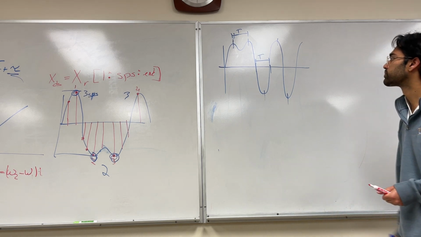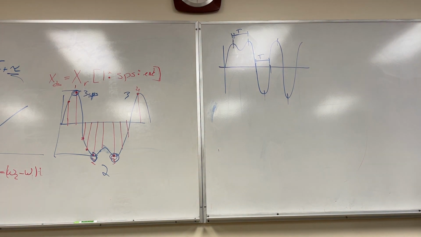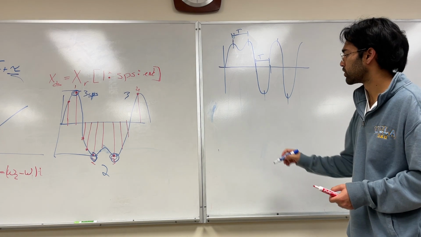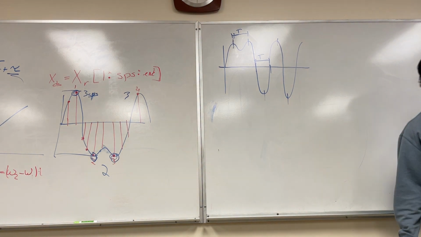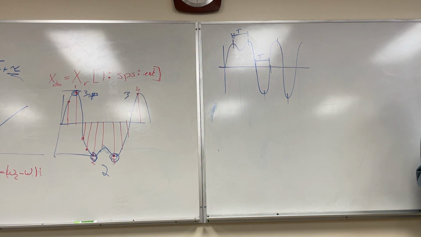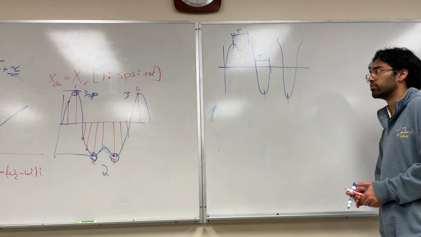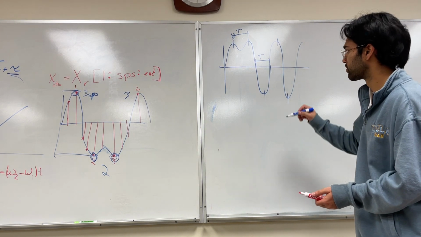Okay. And we can easily figure out where a signal crosses zero, right? You can look at the sign of the previous sample and the sign of the next sample, multiply the two together, take the sign, it should be negative, right? So we can figure out where it equals zero pretty easily.